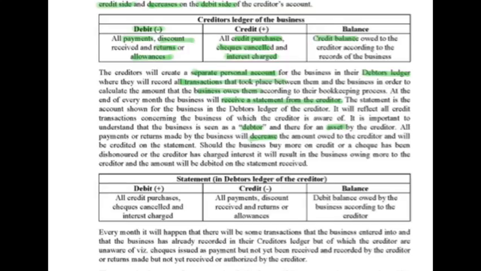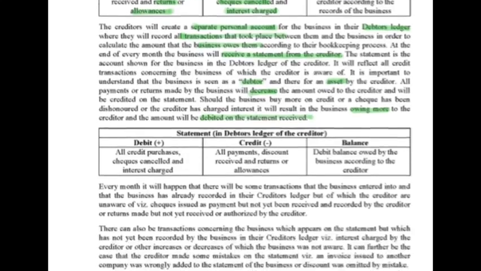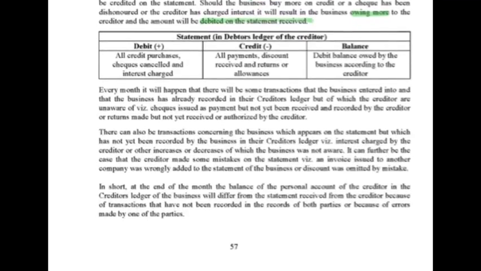So should the business buy more on credit, or a check has been dishonored, or the creditor has charged interest, it will result in the business owing more to the creditor, and then this amount will be debited to the statement received. Let's look at a typical statement in terms of the debtor's ledger.